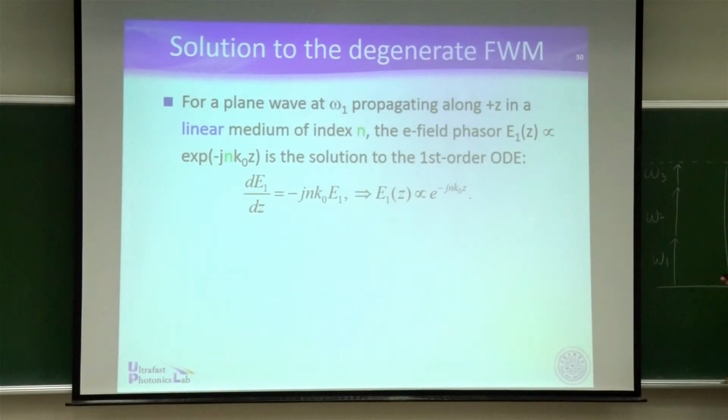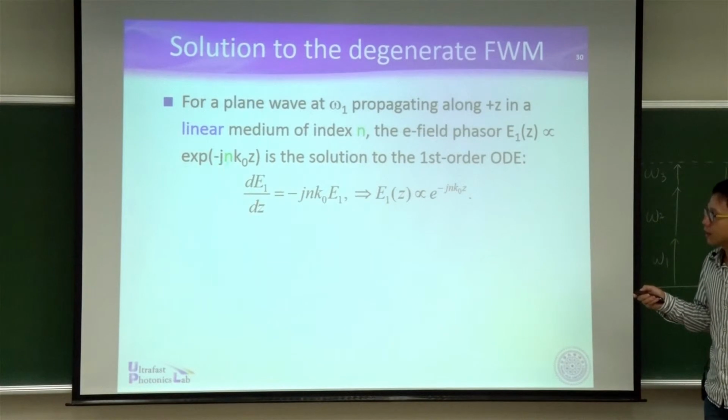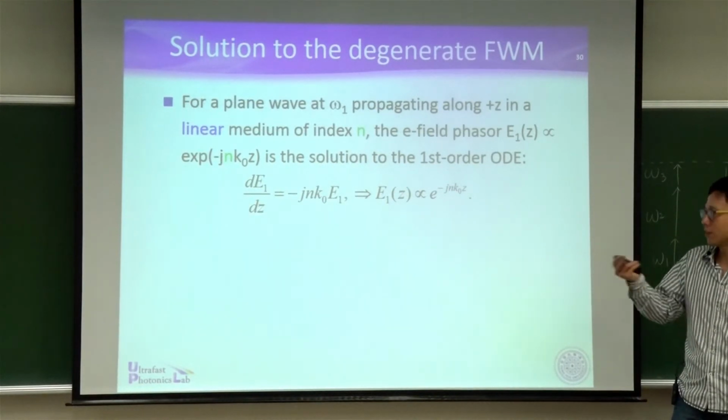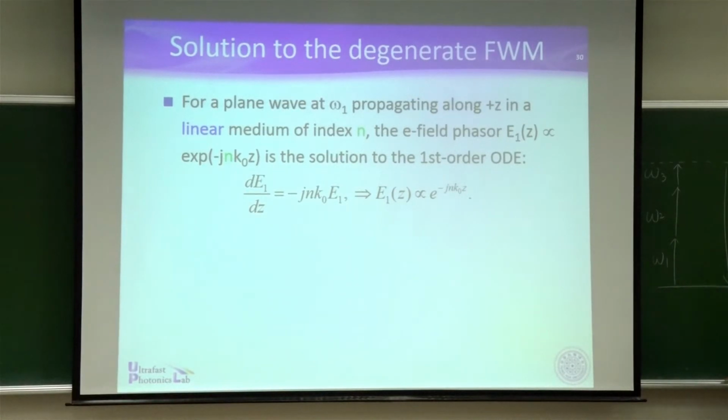Then we already know the electric field phasor E1 of z should be proportional to e to the minus j k times z, and k equals index n times wave number in vacuum, k0, right? It's well understood. Then the corresponding differential equation and the solution are like this. This is the first order differential equation, and the solution should be like this, e to the minus j n k0 z.